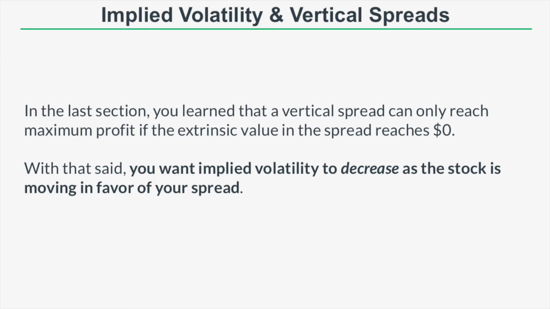Stocks that trade with higher levels of implied volatility have options with more extrinsic value, and stocks with lower levels of implied volatility have options with less extrinsic value. So if that high implied volatility stock transitions into a lower implied volatility stock, then that just means that the options on that stock are trading with less extrinsic value than they did previously. So when you're trading vertical spreads, you want a favorable directional movement combined with a decrease in implied volatility.